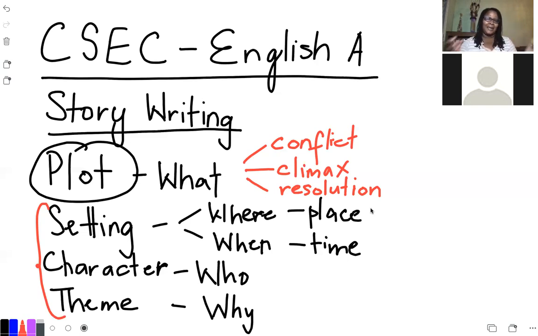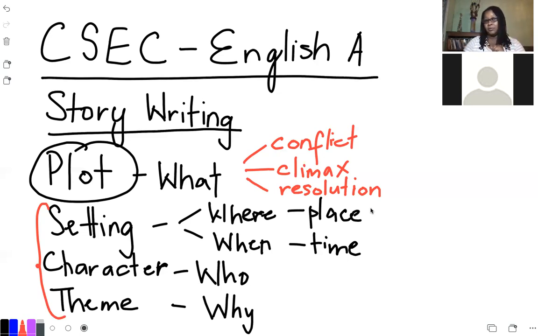Sometimes it's just a title. Sometimes it's a line that you need to use somewhere in the story. The question might say, use it at the beginning, in the middle, or at the end. It might stipulate where, or it might leave it up to you where you put it. Nevertheless, those kind of determine how you set your story in terms of the place.